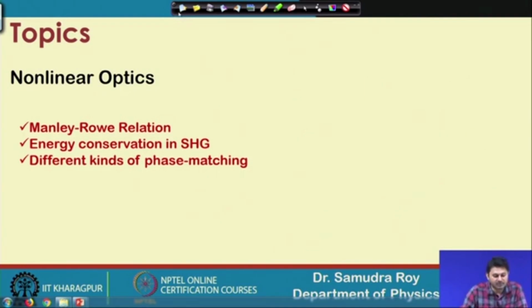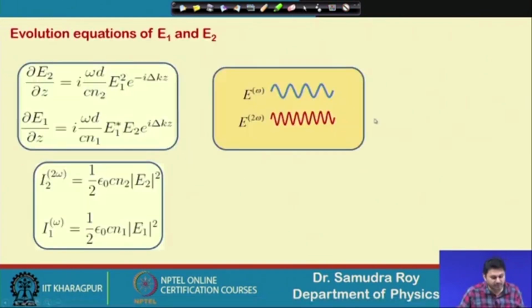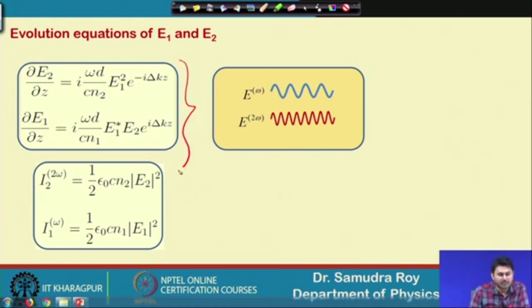So, today we are going to discuss more important things like the Manley-Rowe relation. So, let us go directly. What is the meaning of the Manley-Rowe relation? Before studying it, we will go back to our original mother equation, the evolution equation of E2 and E1 as shown here. Inside the material, if we have two waves E1 and E2, they will evolve under this master equation, which is the coupled equation.